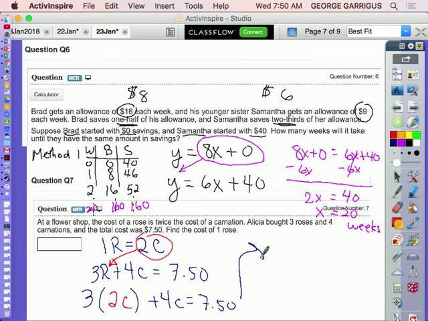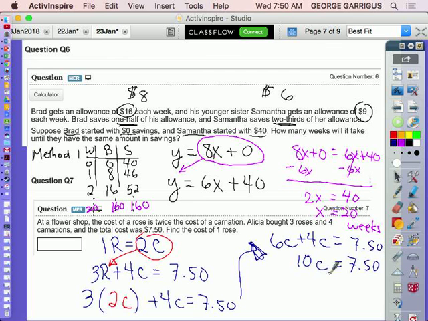And we're going to end up with 6C plus 4C equals $7.50. So that's 10C equals $7.50.